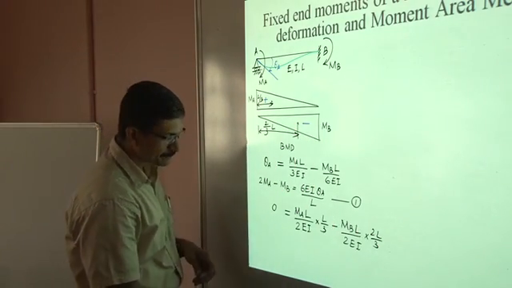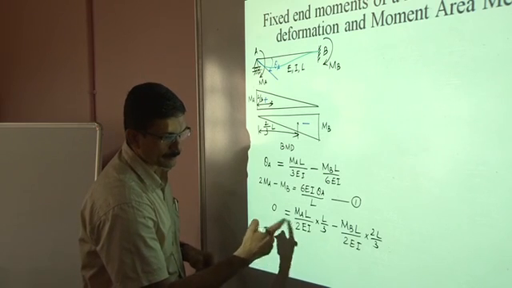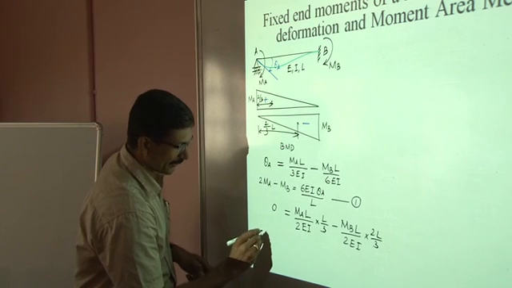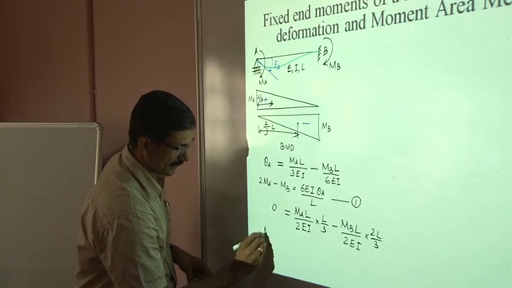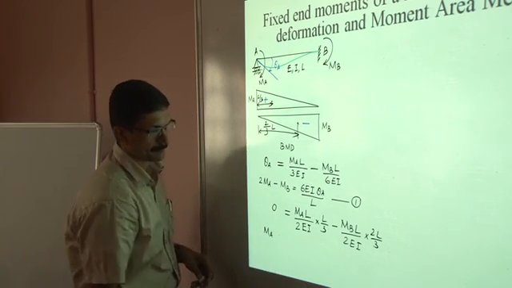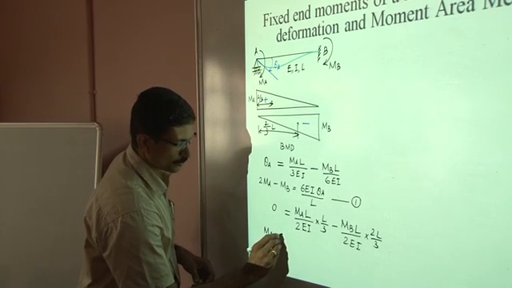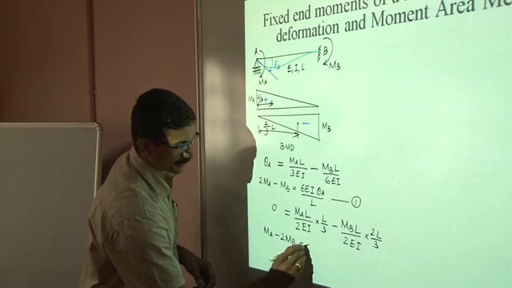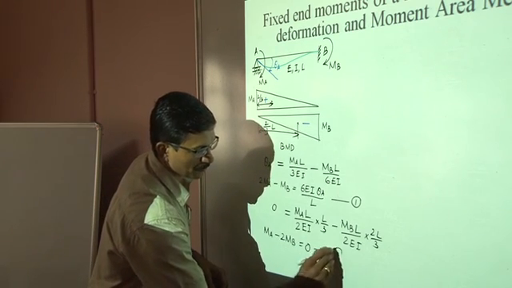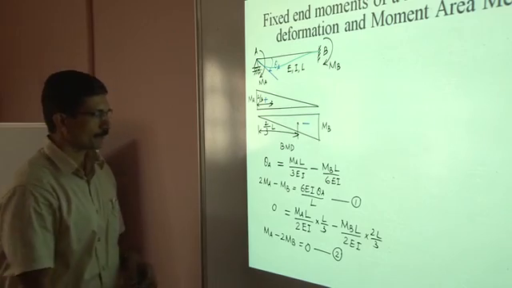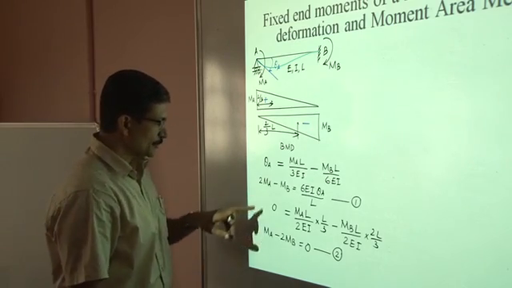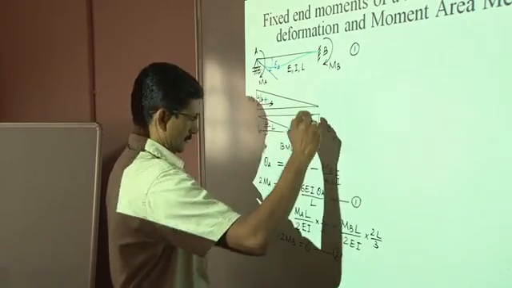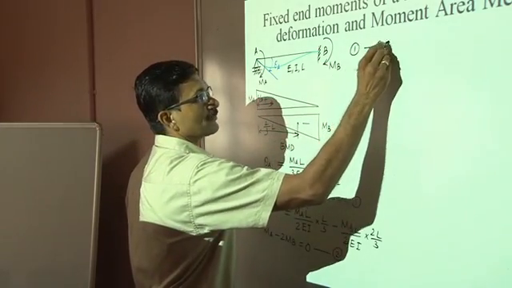If you simplify that, if you multiply throughout by say 6EI by L, you are going to get MA minus 2MB is equal to 0. Equation number 2. If we simplify these two equations, like equation number 1 minus 2 times equation number 2.